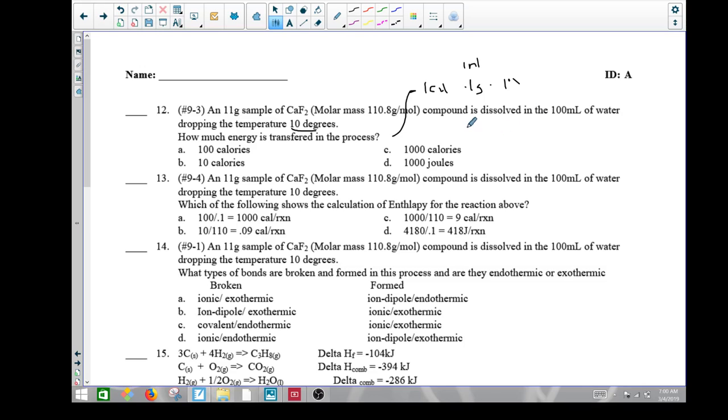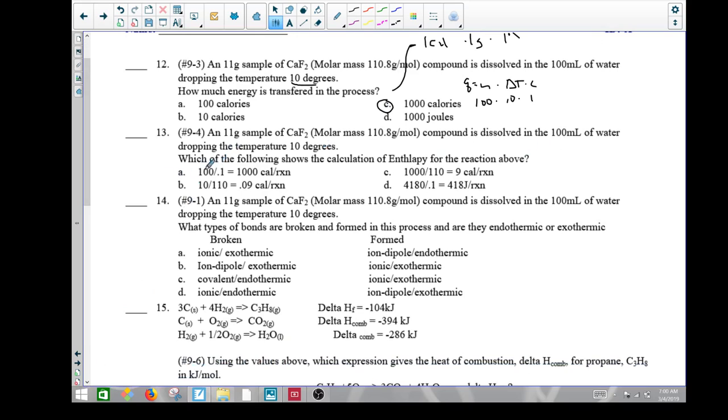So you could use Q equals mass times change in temperature times specific heat. Mass is 100, change in temperature is 10, specific heat for water is 1 if using calories, and therefore the answer is 1,000.